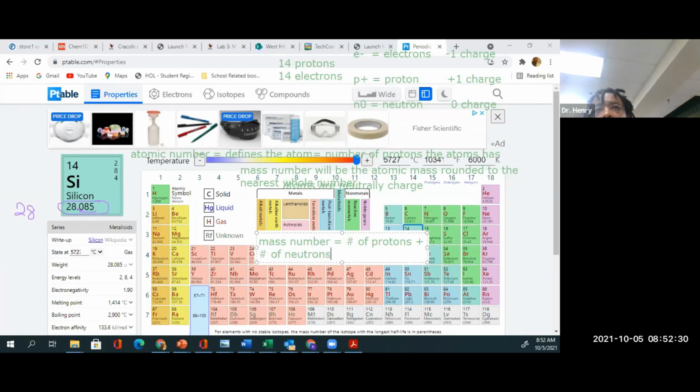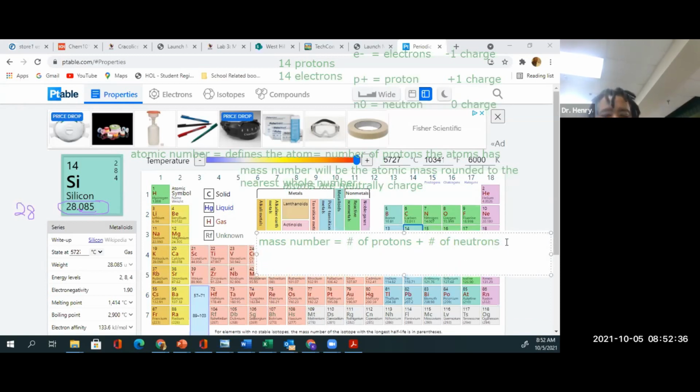So if I have my mass number, I can calculate the number of neutrons, right? By just subtracting the number of protons from that mass number.